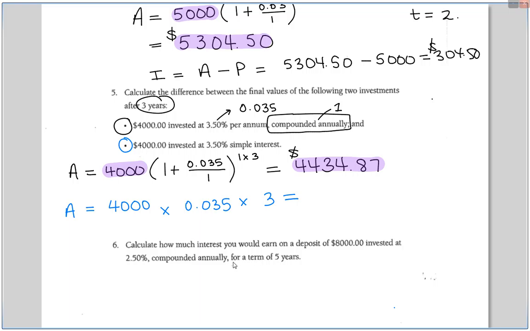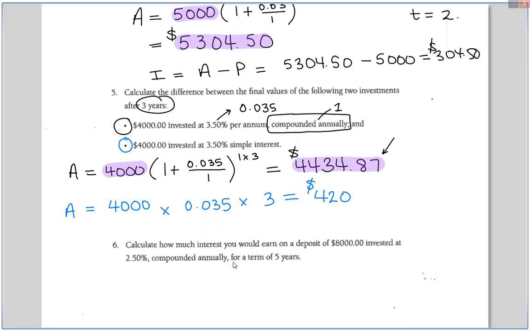Now let's take a look at the simple interest calculation, which is the same length of time, the same rate of interest, and the same amount of money. So the answer is 420. Now when you compare the interest earned, remember, you need to take a look at the final amount and subtract the initial amount, okay?